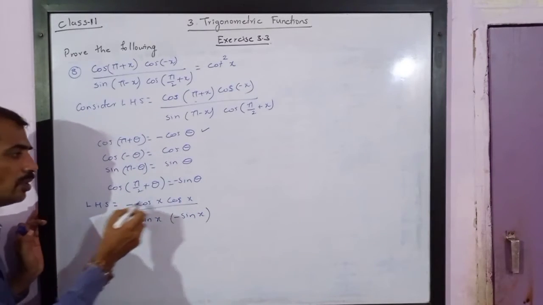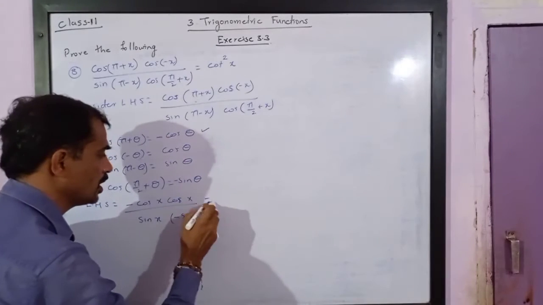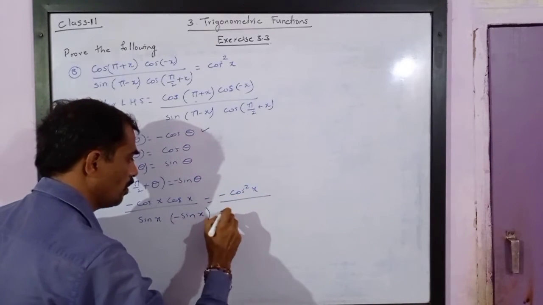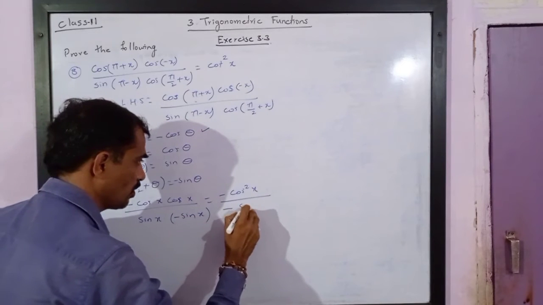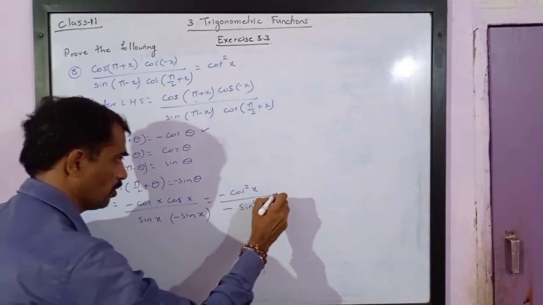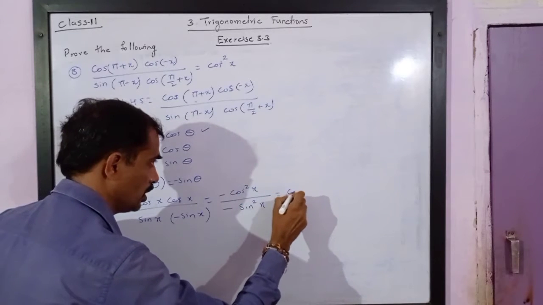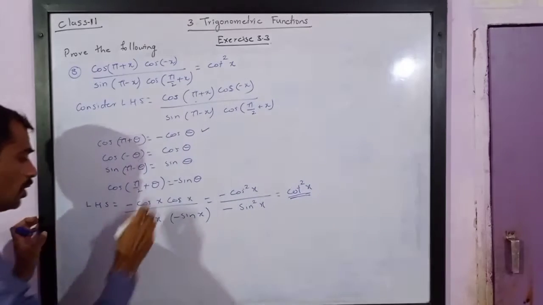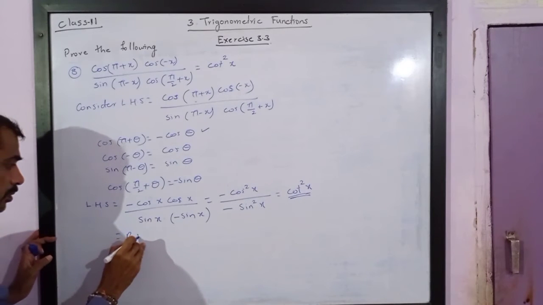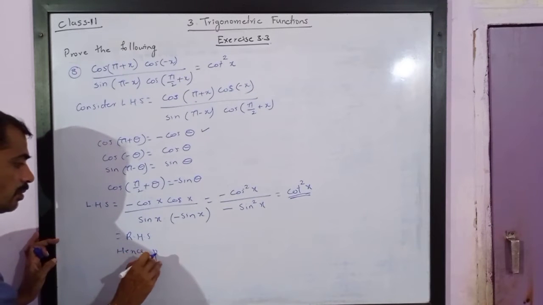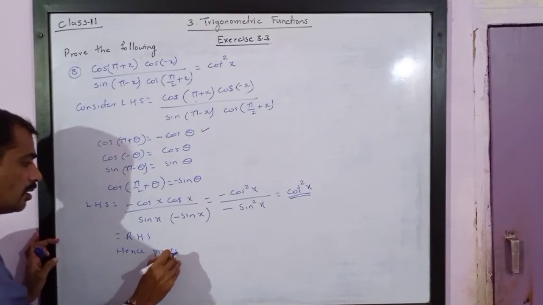So please note, this becomes minus cos square x upon minus sin into sin, which is sin square x. So the minus signs cancel. We have cos upon sin is equal to cot. So this is equal to cot square x, that is equal to RHS. Hence, we can say that the question is proved. Hence, proved.